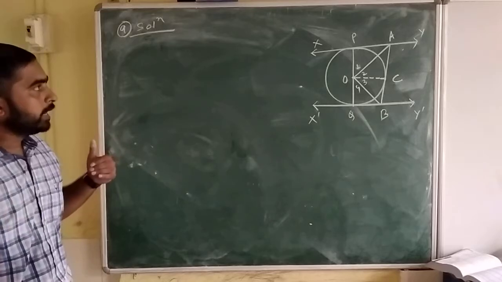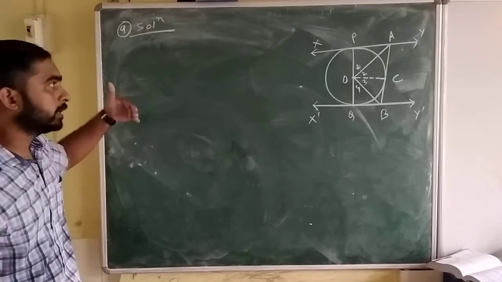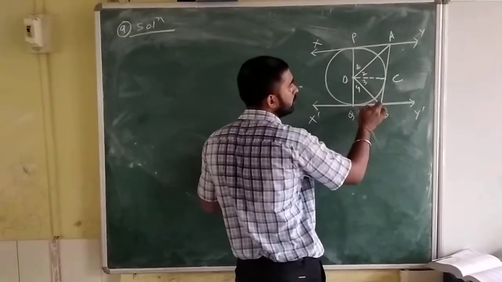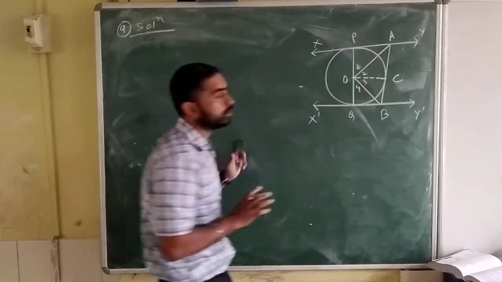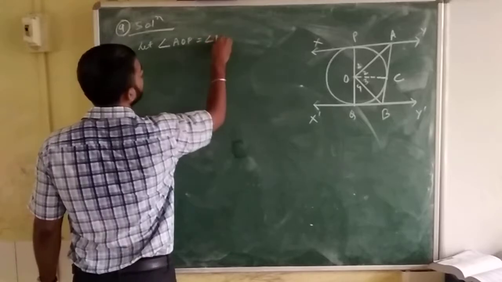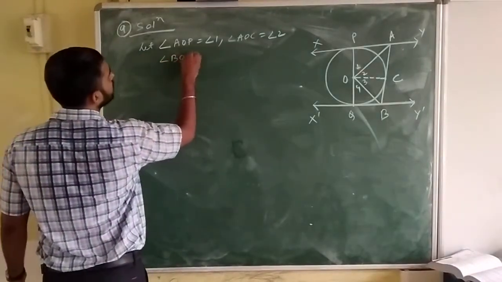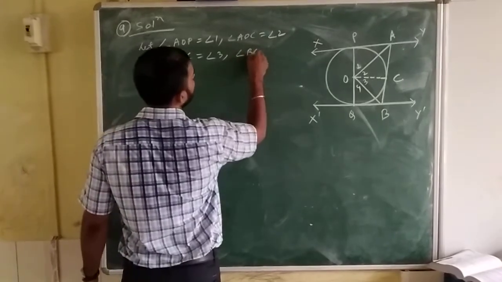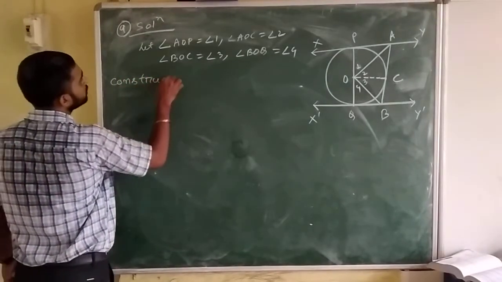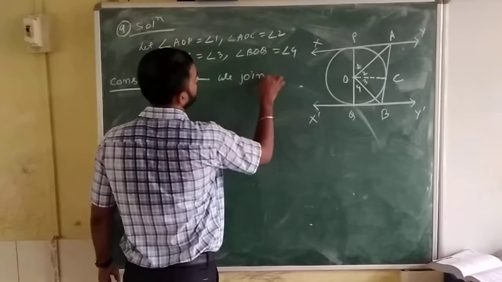In the exam, if you mark the angles, you have to mention what each angle is. So in the given, let angle AOP equal angle 1, angle AOC equal angle 2, angle BOC equal angle 3, angle BOQ equal angle 4. The construction: join OC.